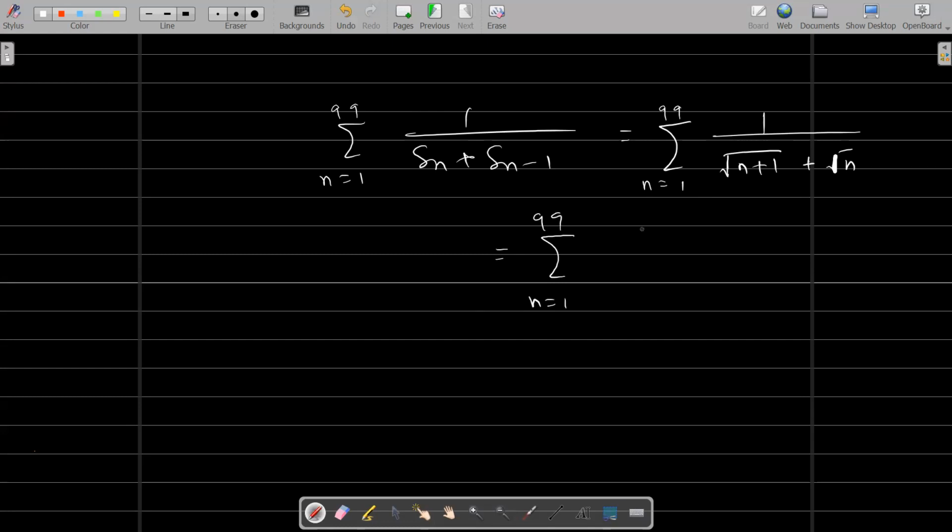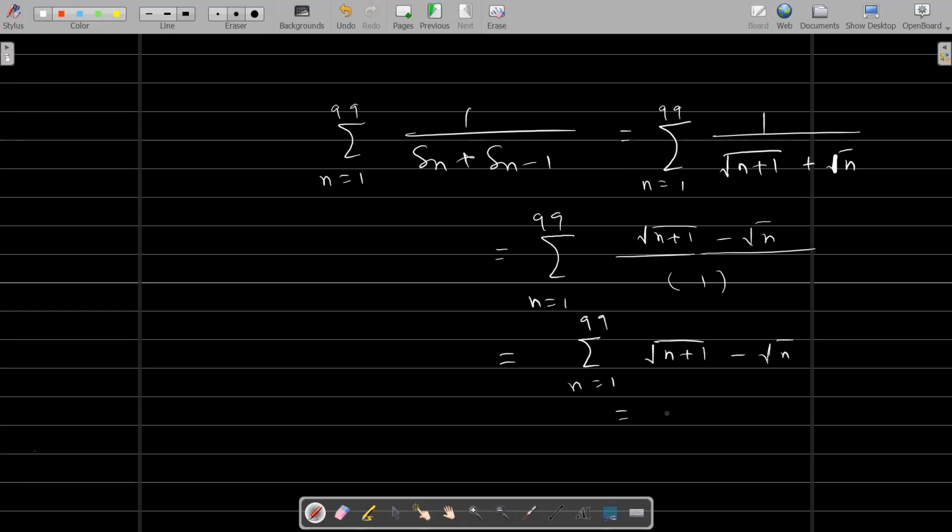Again, you can rationalize this. So root n plus 1 minus root n upon, do you see the denominator will be 1? Shall I write directly? So that is sigma of root n plus 1 minus root n, from 1 to 99.